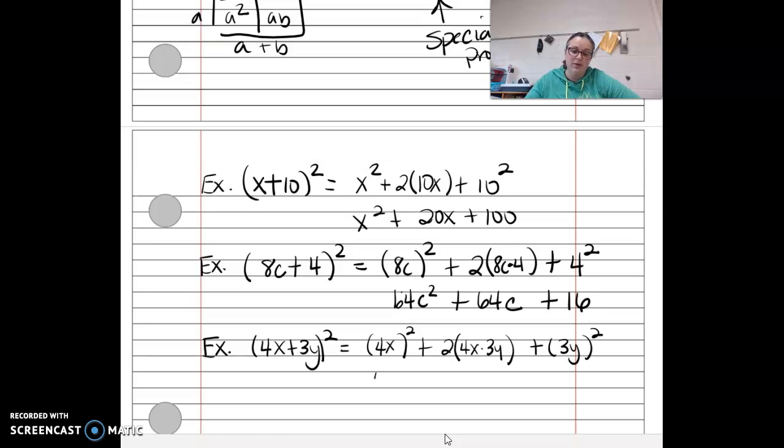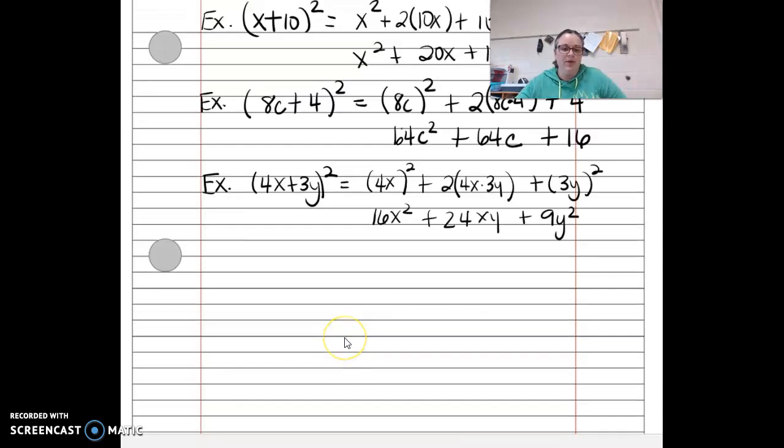Well, 4x squared would be 16x squared. 2 times 4 times 3 would be, well, 4 times 3 is 12 times 2, 24xy. And then 3y squared is 9y squared. This is your special product rule. We also have what's called the difference of squares.